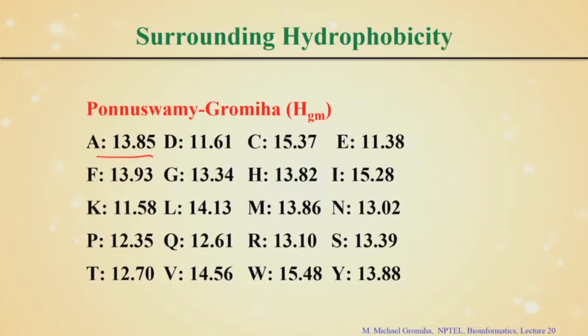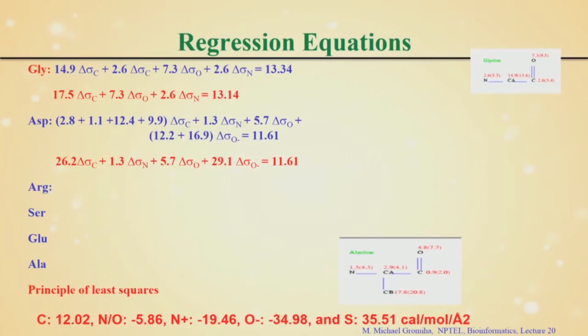If you make it into different groups, for example alanine, we can see this is the data for alanine, where y is equal to 13.85. On the x axis side, the left hand side is a combination of different sigma I. The different atoms in glycine and alanine are N, C alpha, C, O and C beta, but here you can see N and O together.